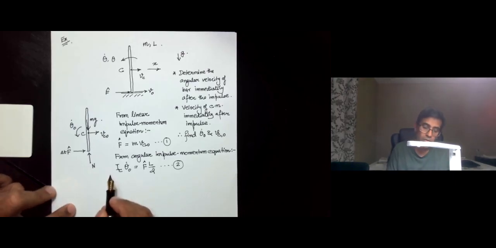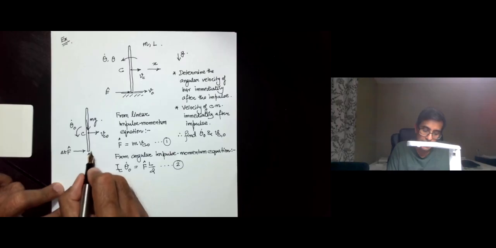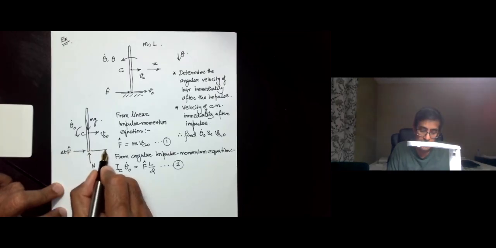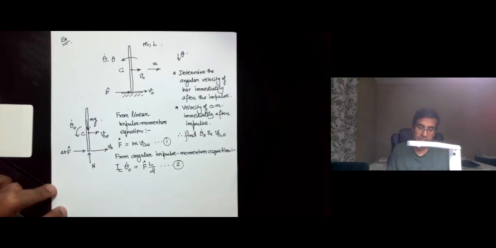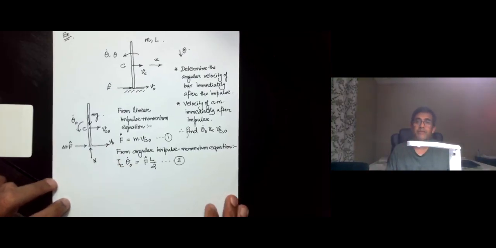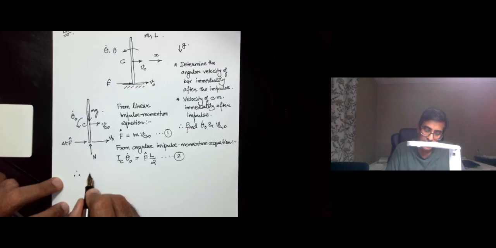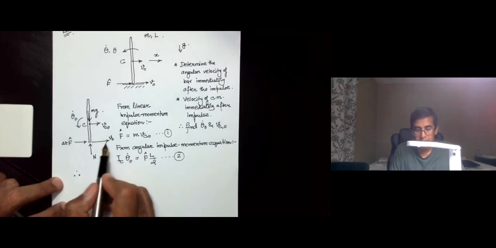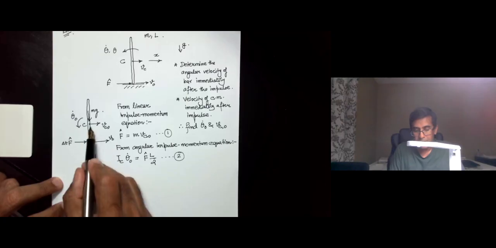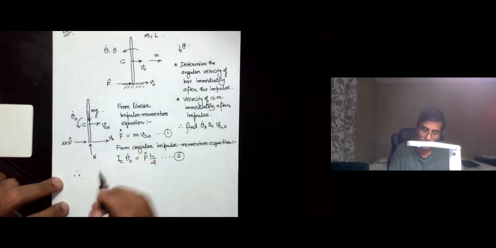Now we know that as a result of this impulse, the bottom of the stick gets a velocity v naught. So the rotation being produced by this impulse is v naught minus vc naught divided by L by 2 in the counterclockwise direction.